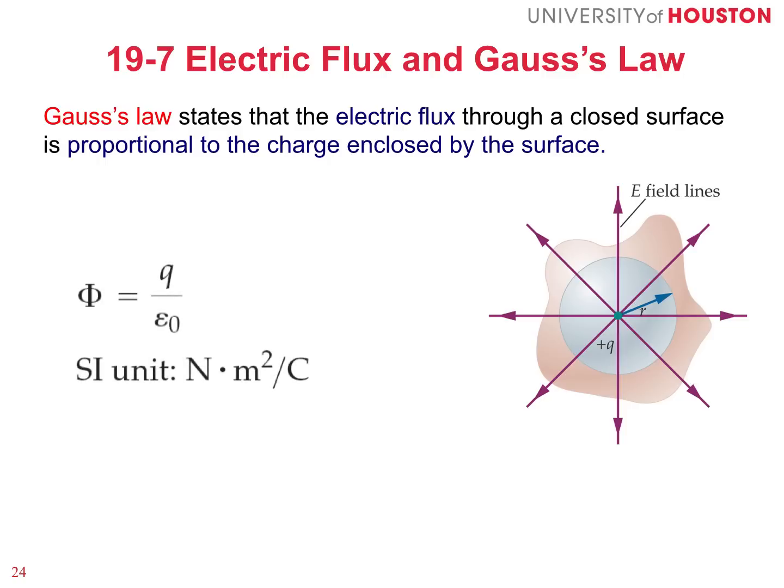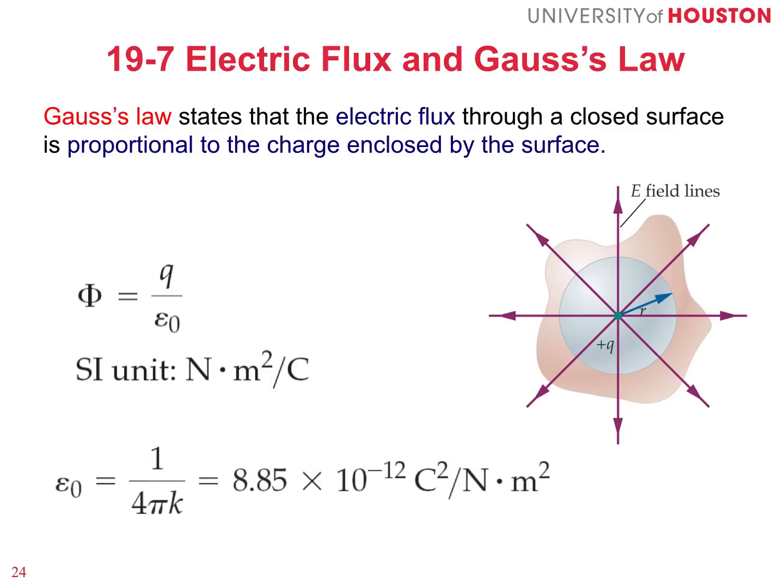It's equal to Q, which is the charge the surface surrounds, divided by epsilon 0. Epsilon 0 is a constant that can be formed from k, which was used in Coulomb's law, and it's equal to 8.85 times 10 to the minus 12 coulomb squared divided by newton meter squared.